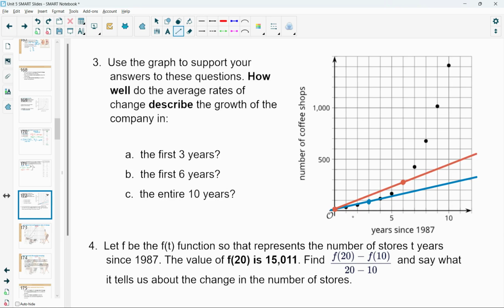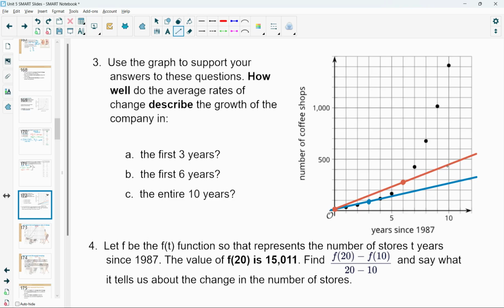So it's okay, right? These dots are all below it, so it's over predicting in the beginning, but it's still not very high above those dots. So you're not way off, but then it doesn't way under represent these dots, because these number of stores are way above that average rate of change line.